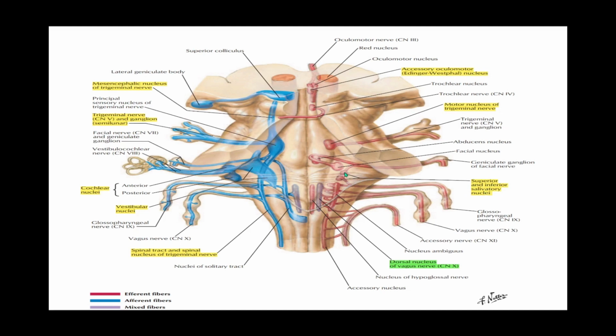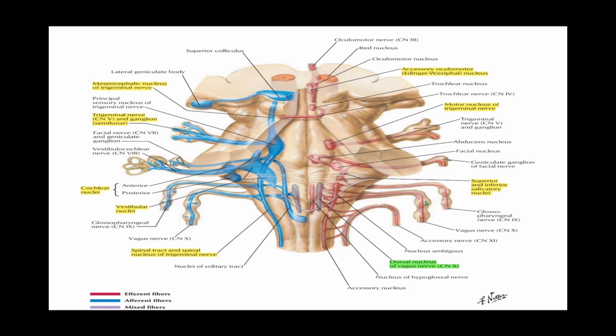So this superior salivatory nucleus provides the sensory aspect of the facial nerve, which supplies the anterior two-thirds of the tongue. Okay, the anterior two-thirds of your tongue is supplied by the facial nerve, whereas the motor aspect controls your facial muscles of facial expression.